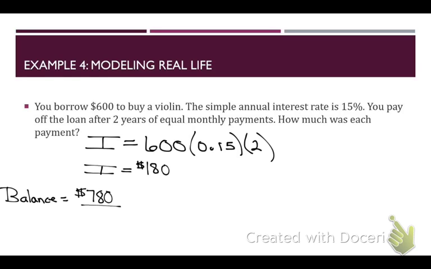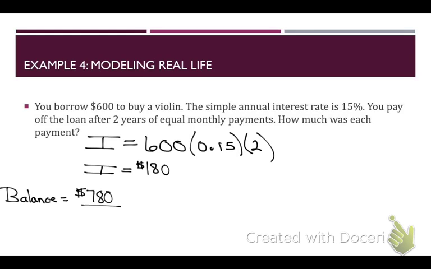Now that I know the total amount that I'm paying, I can divide it. Would I divide it by 2? No, 24. I'm paying it over 2 years, and I want to know the monthly payment. So what would I divide it by? 24.